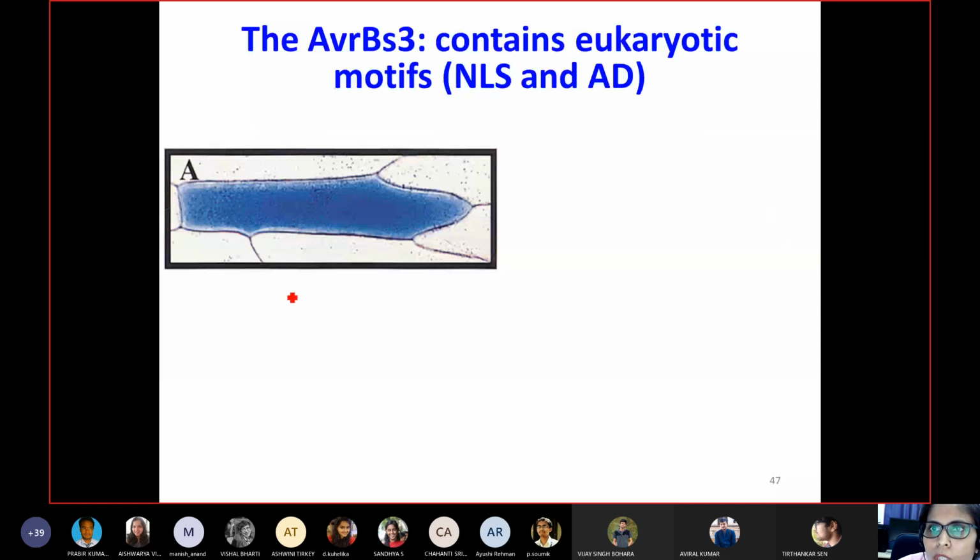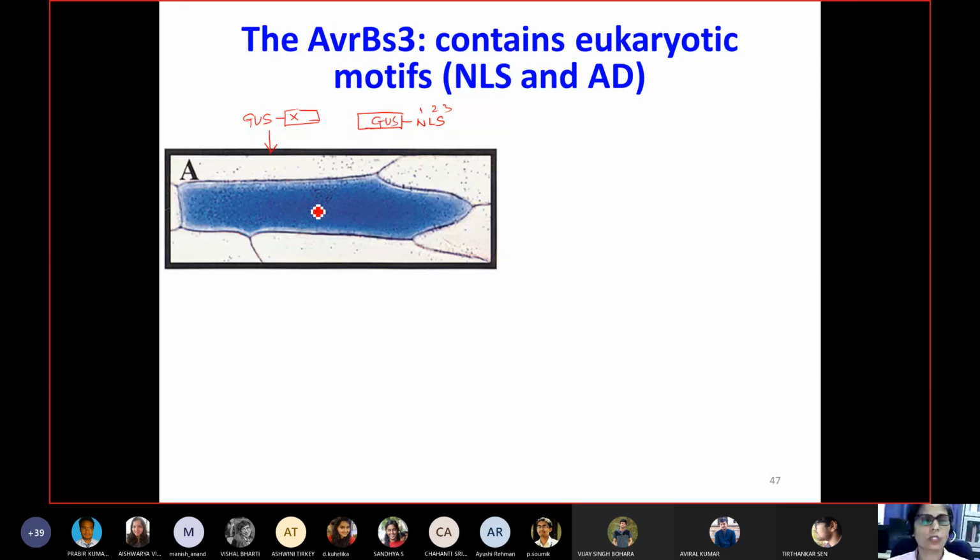So this is what they see without the NLS. In this experiment, they used this reporter system and bombarded it onto onion epidermal tissues. When they did this, there was transient expression of the reporter gene fusion.